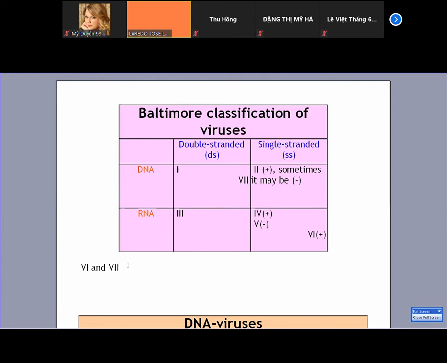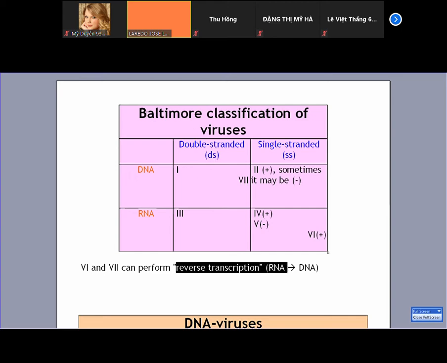And why are they special? Because type 6 and type 7 can perform reverse transcription. So they can make DNA using RNA as a template.